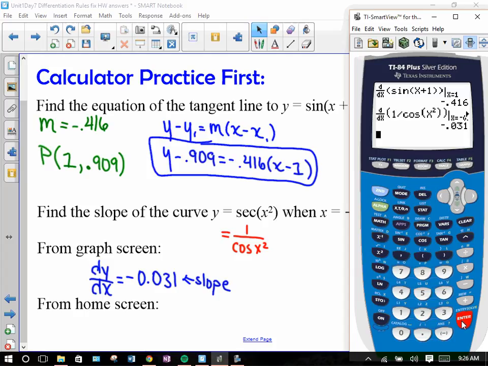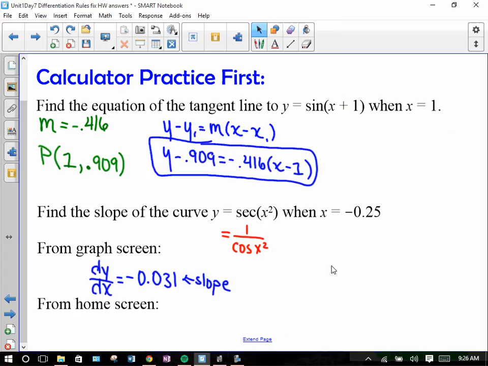Okay. That's how you can go about doing that really quickly on the calculator.